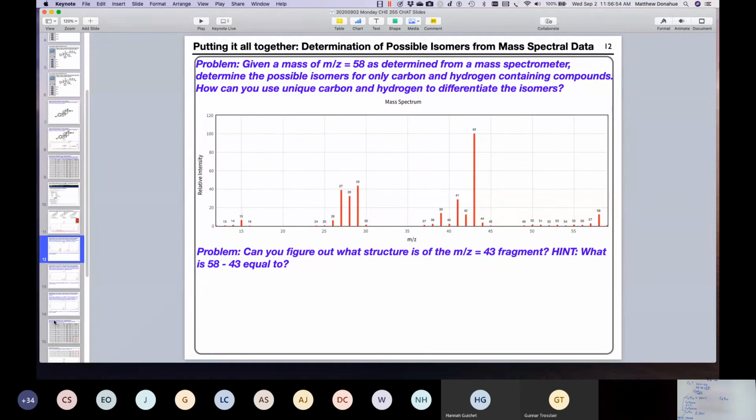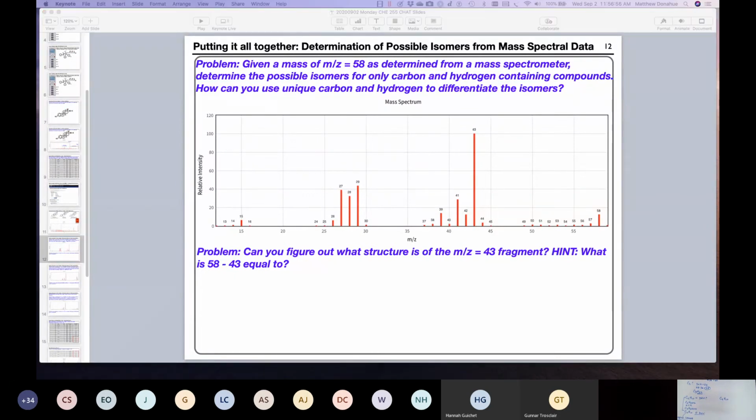So let me type the names in the chat first. Sorry, butane. So for those of you that didn't quite get it yet, butane and 2-methylpropane. Maybe you can convert those names into structures before I show you on the document camera.